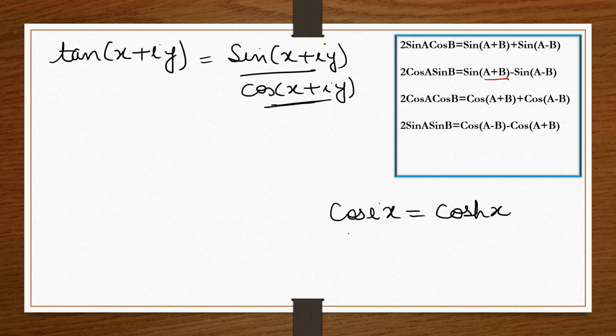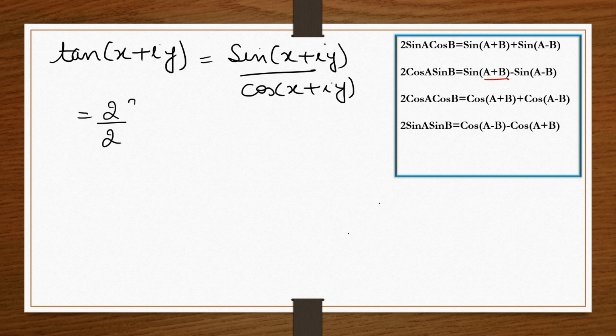So let's start. First of all, we'll multiply and divide by 2, so we have sine(x plus iota y) over cos(x plus iota y), right? Now see, what should I multiply? By rationalization we take the conjugate of this thing, but along with this you must take care of which formula we should apply.